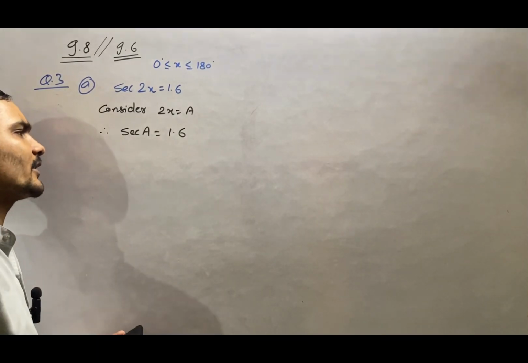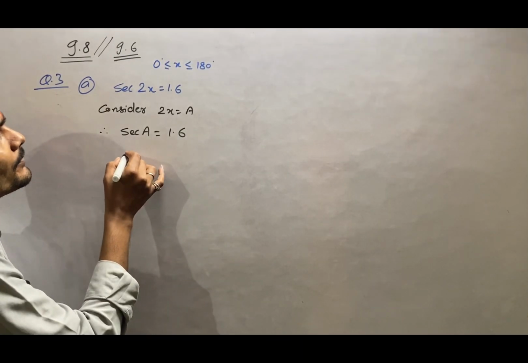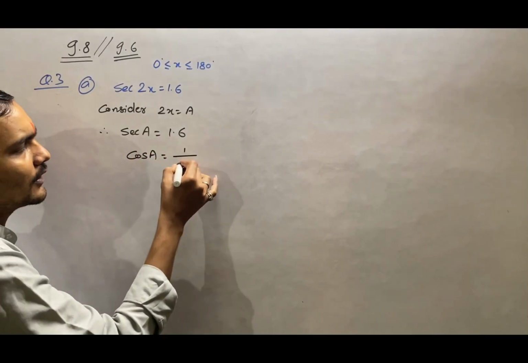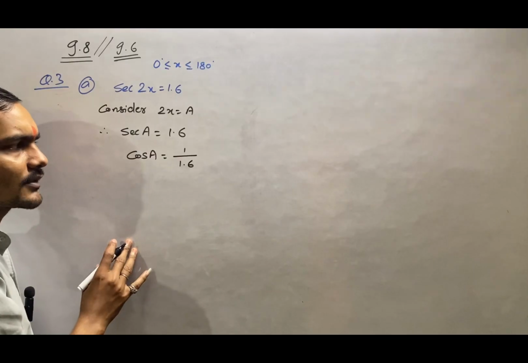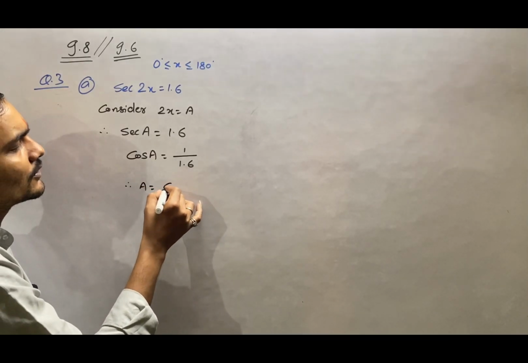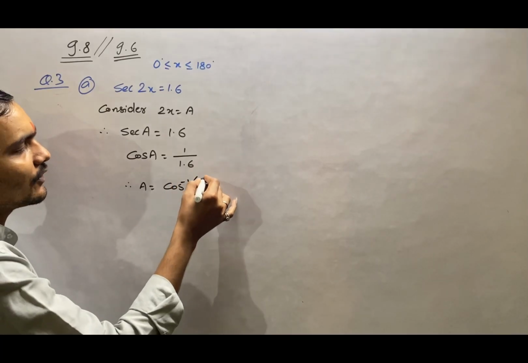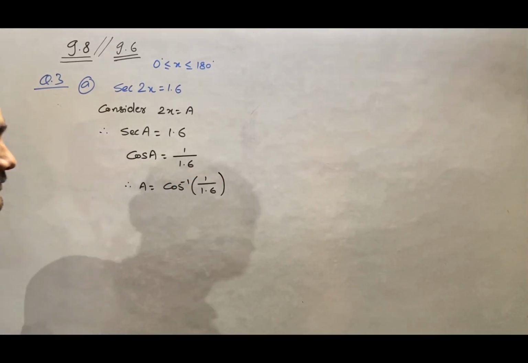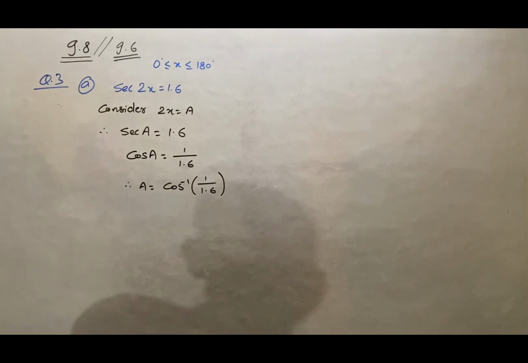The reciprocal of sec is cos, so cos of A equals 1 over 1.6. So A equals cos inverse of 1 over 1.6. This is in degrees.